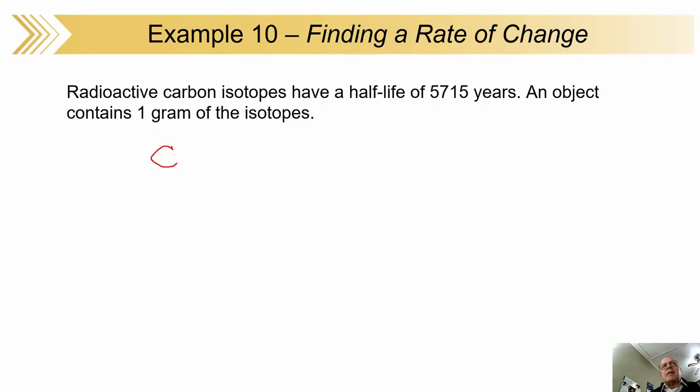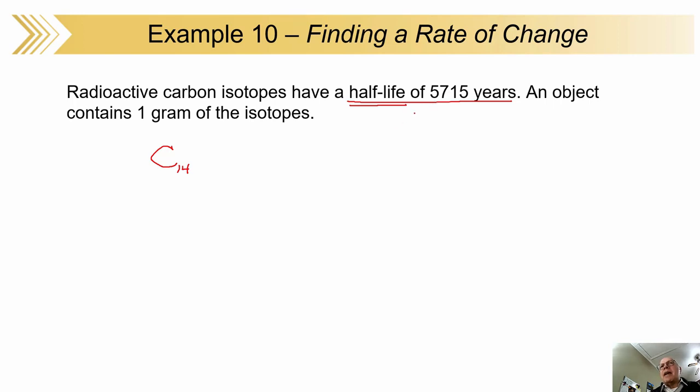The chemical symbol is C. Usually that has an atomic number of 12, but for the radioactive one, it's carbon 14. Now you don't have to know that. What you do need to know, and that'll be given to you, is what the half-life is.